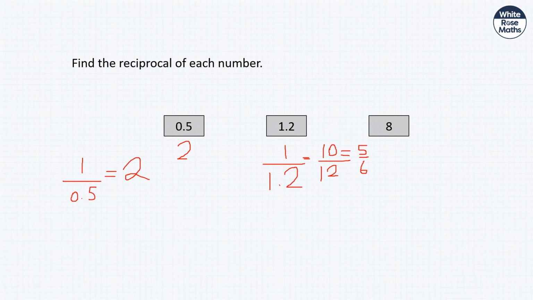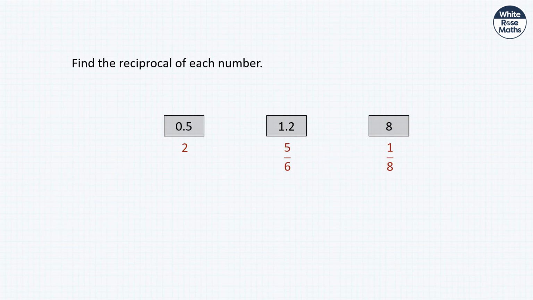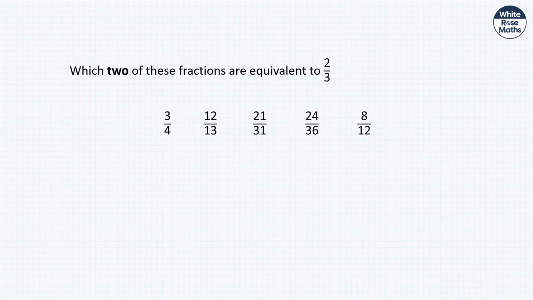The reciprocal of 8 is just 1 over 8, 1/8. For this one here, if you're not too sure, times top and bottom by 10, and you get 10/5, which simplifies to the number 2. So if you're not too sure about that first step, times top and bottom by 10 and get the same answer.